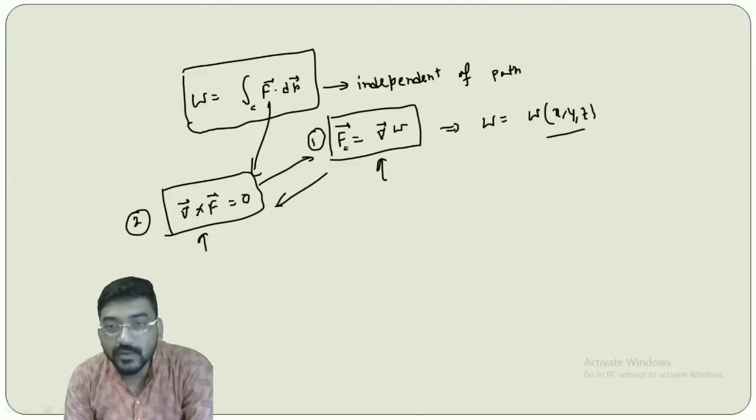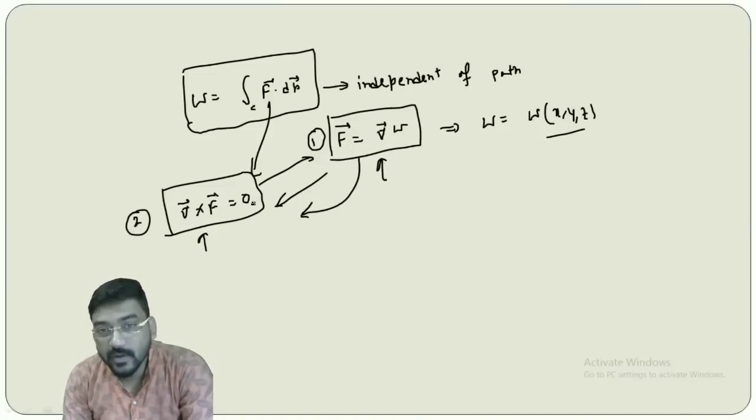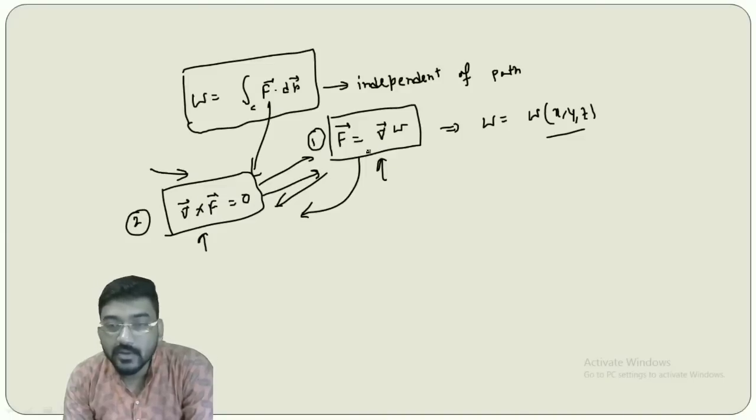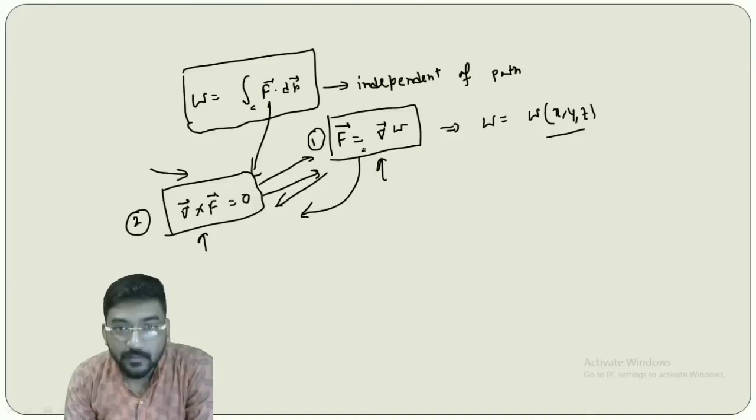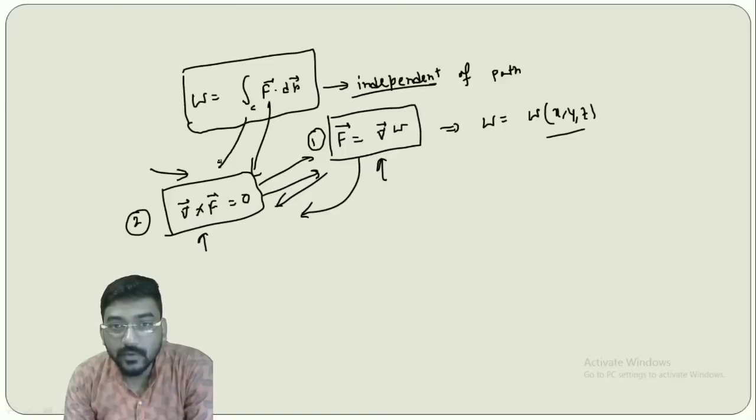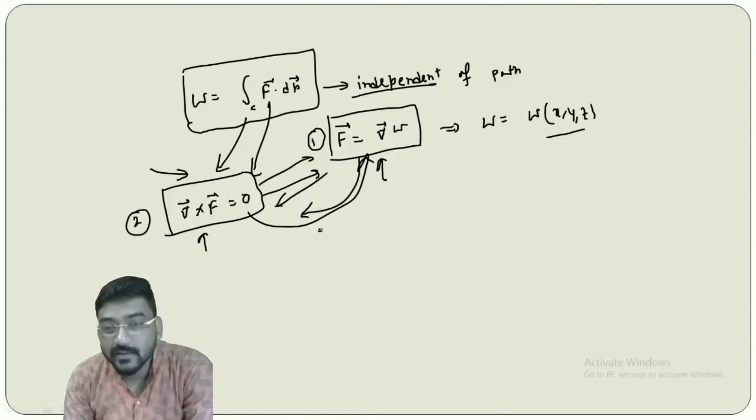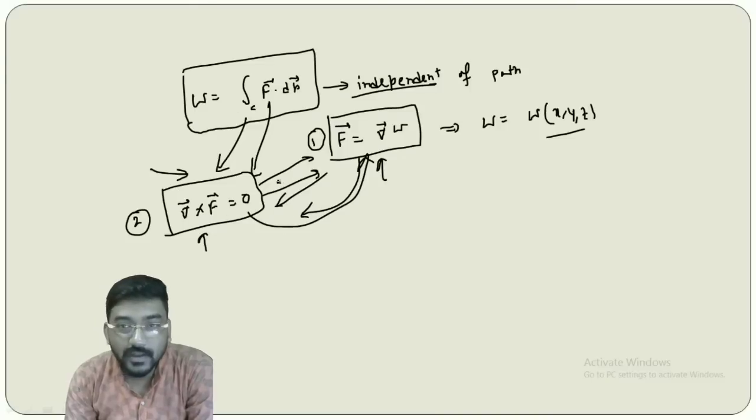If we assume curl of F is equal to 0, then we can prove F is equal to gradient of W. But the proof that when the integral of F dot dr is independent of path it follows this relation, we will prove later on.